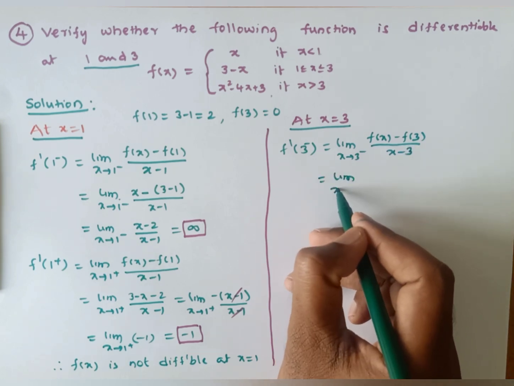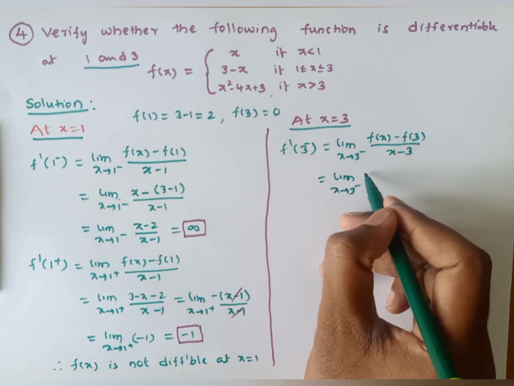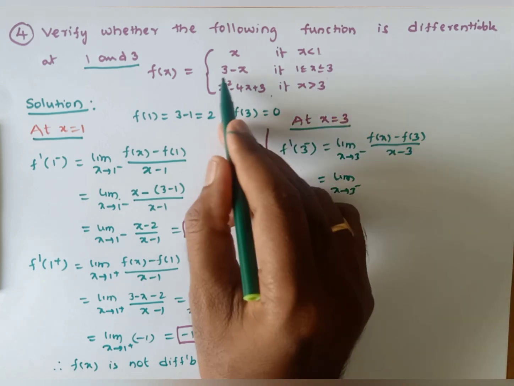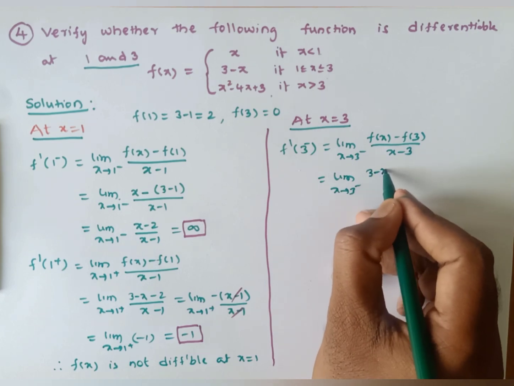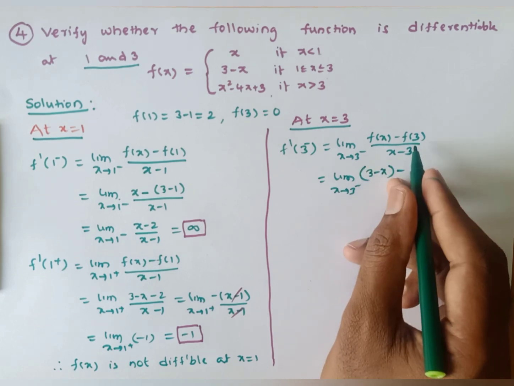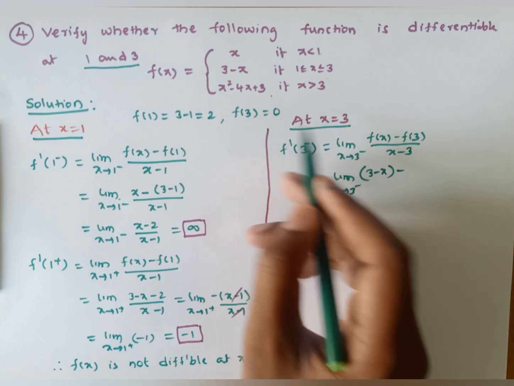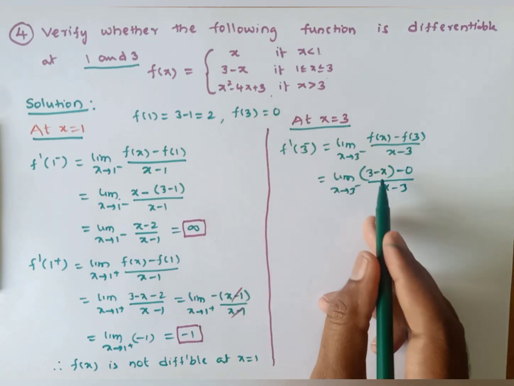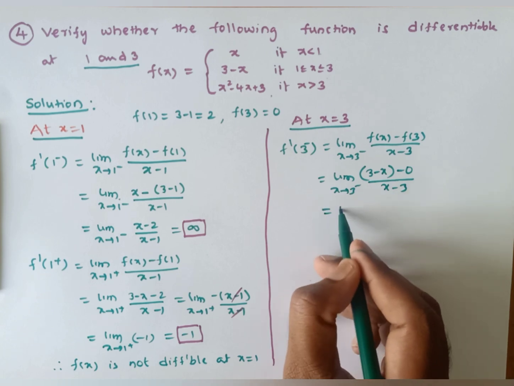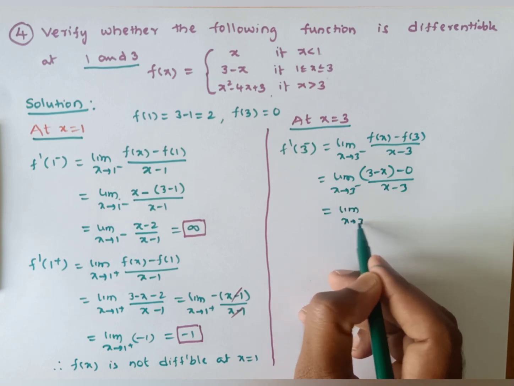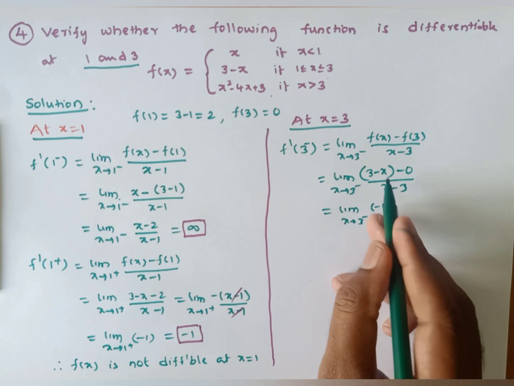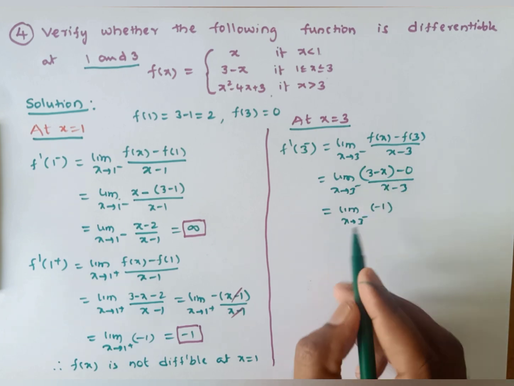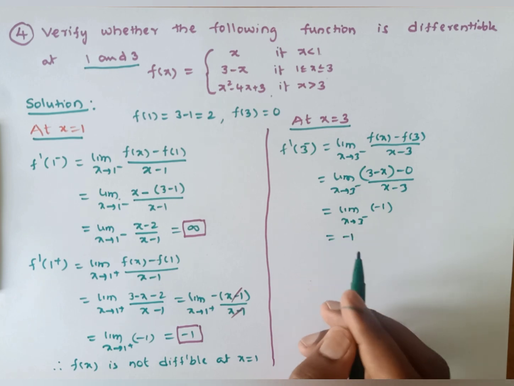So this is limit x tends to 3 minus, f of x for x less than 3 is 3 minus x only, minus f of 3 value, f of 3 is already 0, divided by x minus 3. So 3 minus x by x minus 3, directly it is minus 1, since 3 minus x and x minus 3 cancel. So the limit is minus 1.